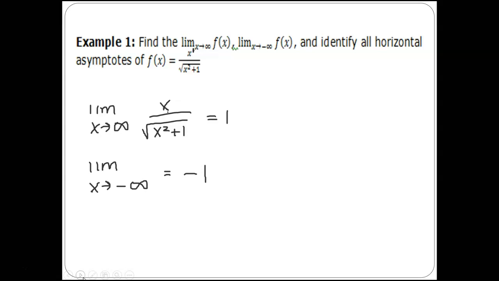So what that means is the graph is increasing rapidly towards 1 and decreasing rapidly towards -1 on the opposing side. If you were to graph this, you would be able to see that.